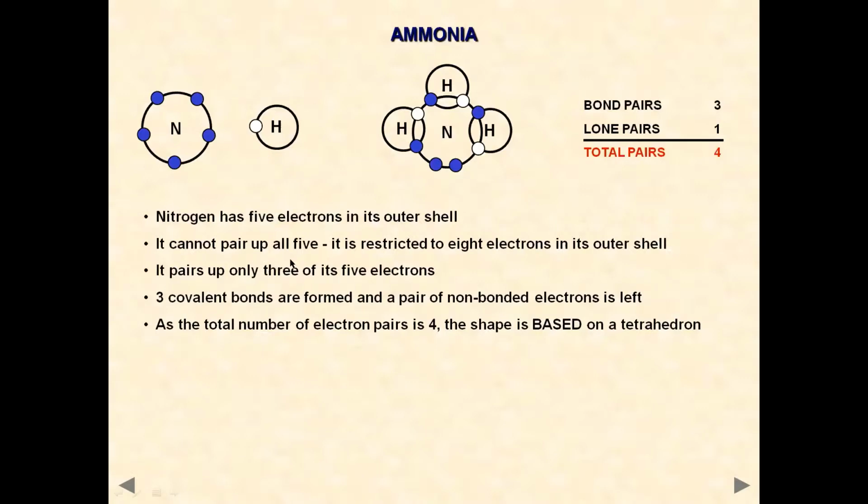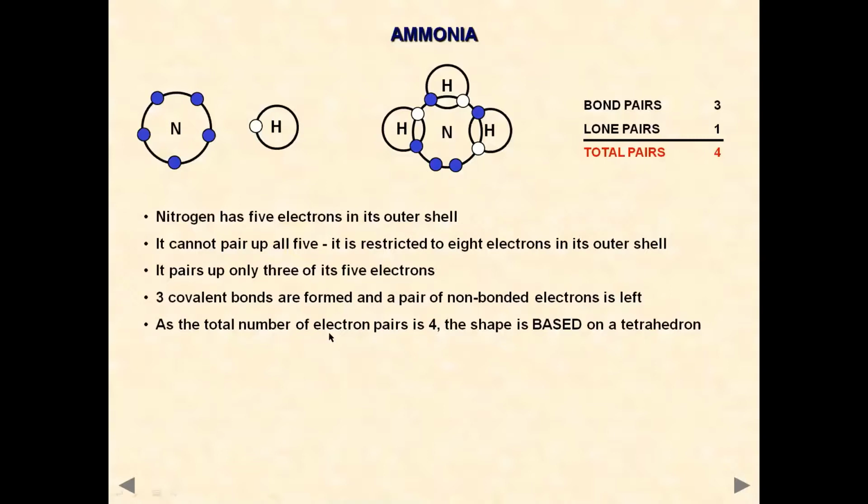So it cannot pair up all 5, because if that's the case, it's going to have more than 8 electrons in the outer shell, and that's not possible. So it pairs up only 3 electrons out of 5. So it's going to end up with 3 covalent bonds and a pair of non-bonded electrons, which is basically a lone pair.